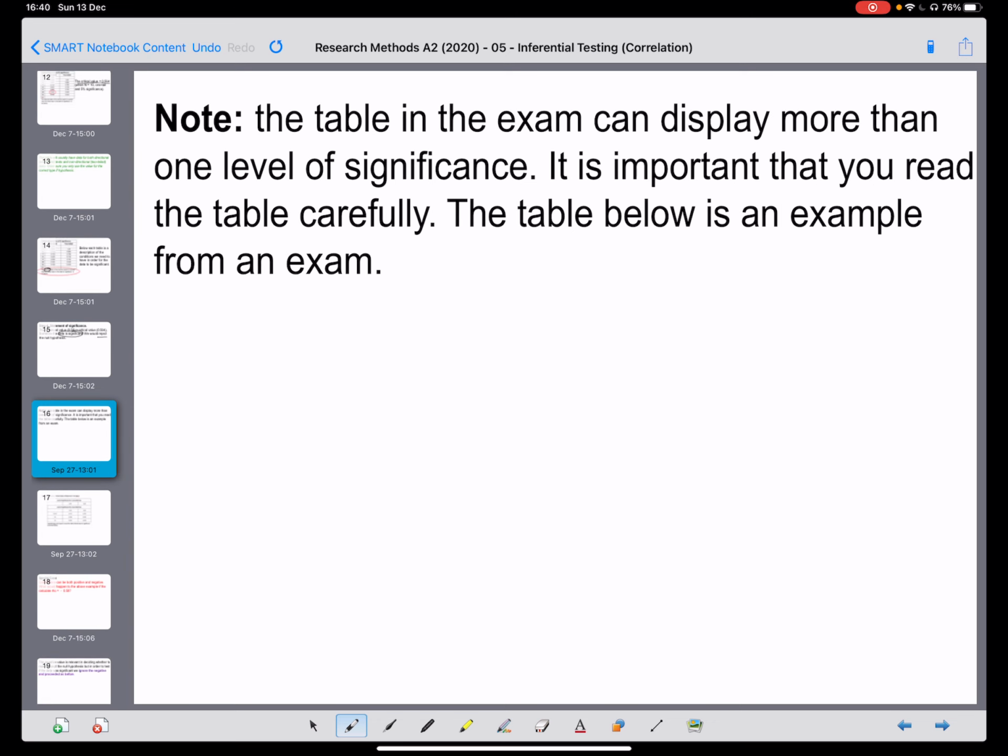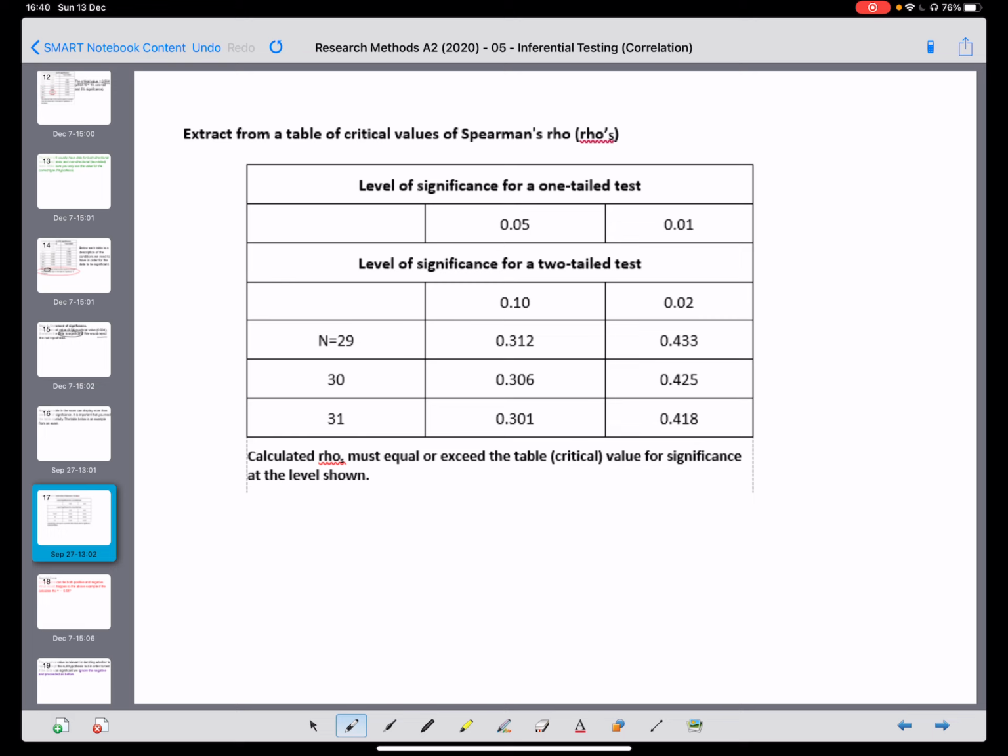The table in the exam could display more than one level of significance. Please make sure you choose the correct table. So this is an example of that. There's the one-tailed and the two-tailed, and we see different values here. We also find that they don't want to waste paper, so they won't give you all of the table.